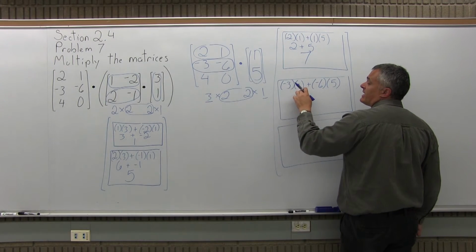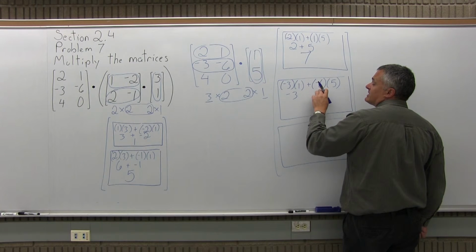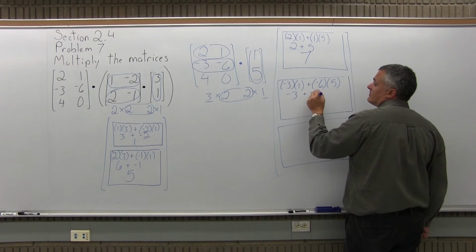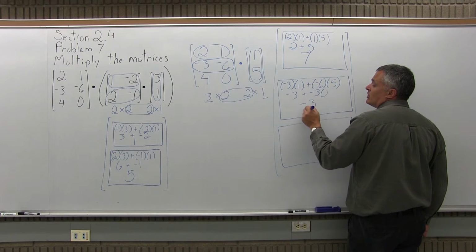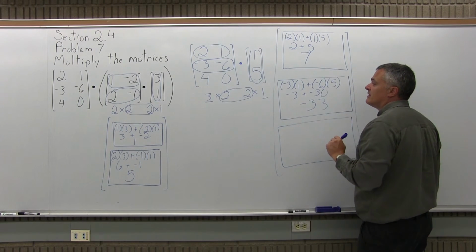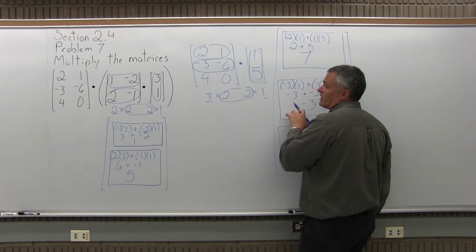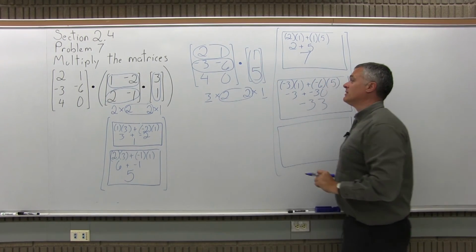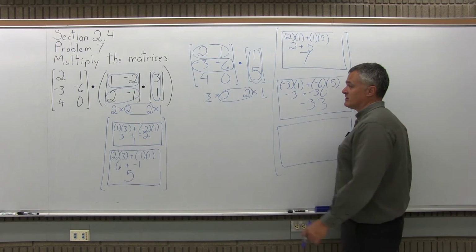So -3 times 1 is -3, and -6 times 5 is -30. So -3 plus -30 is -33. Again, I multiplied the middle row of the first matrix times the only column of the second matrix, and my answer went in the middle row and only column of the solution.